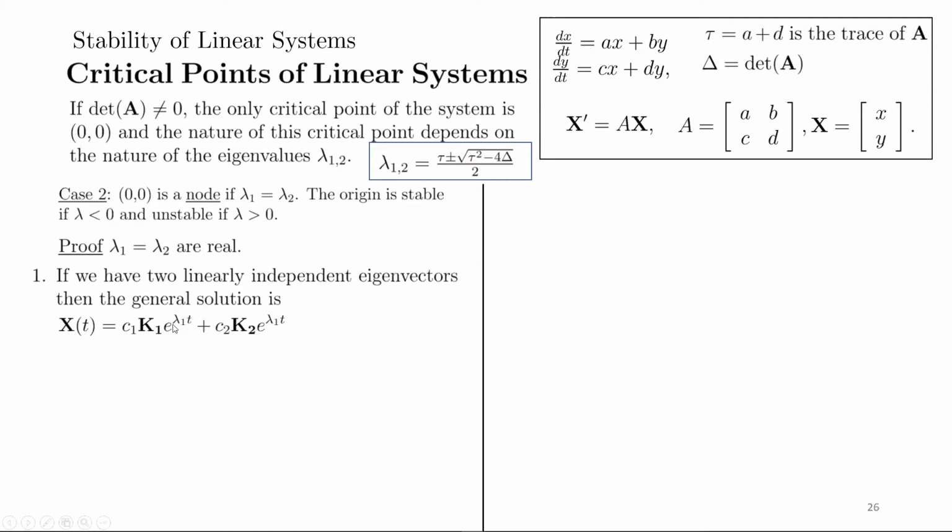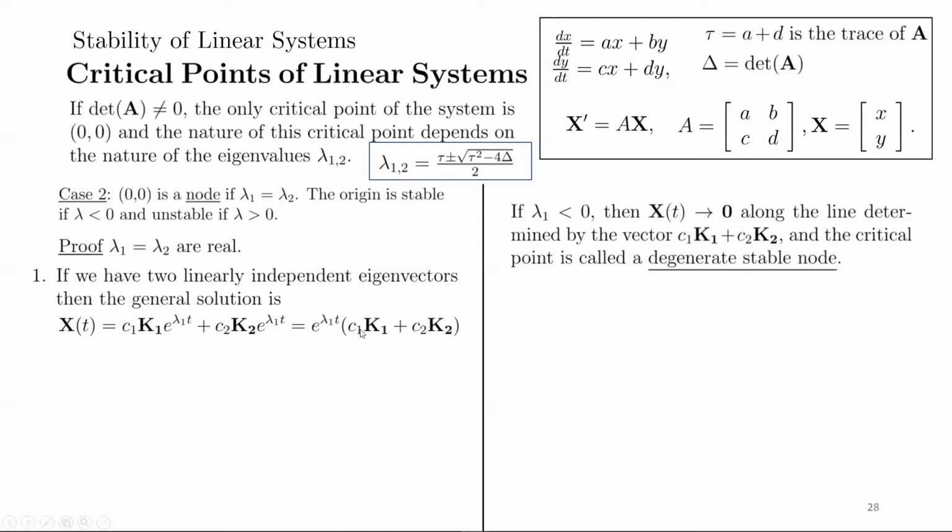Notice here the difference from case 1 is in the exponential terms, e to the lambda 1 t, e to the lambda 1 t. The coefficients in the exponential are equal in this case because we only have one eigenvalue, because it's repeated. So in the case that we can find two linearly independent eigenvectors, then this is the general solution. And I can pull out the exponential term and write it like so.